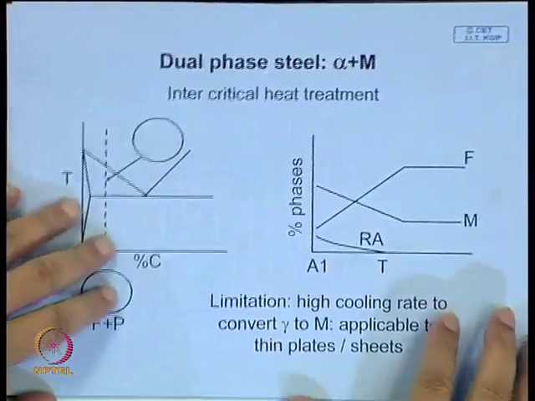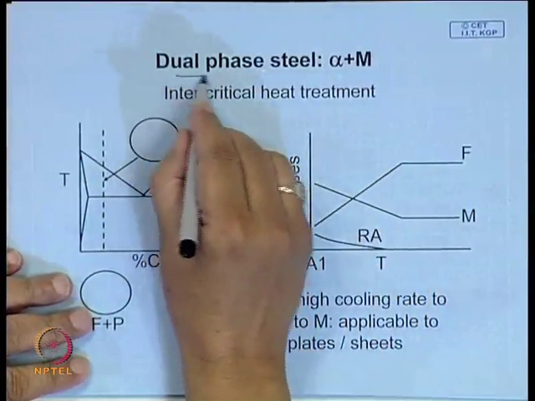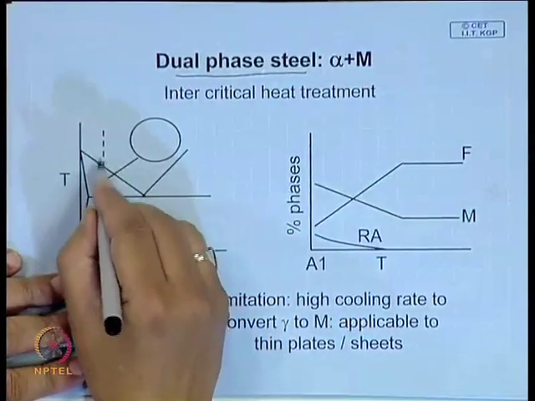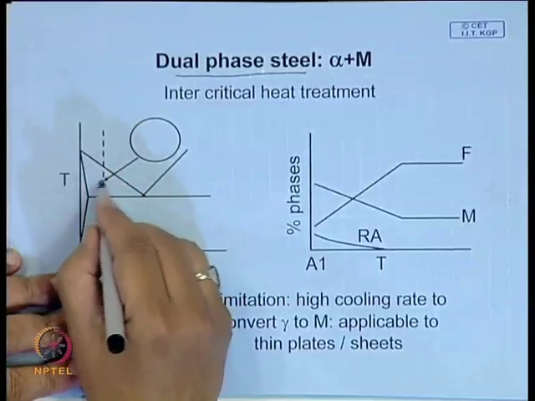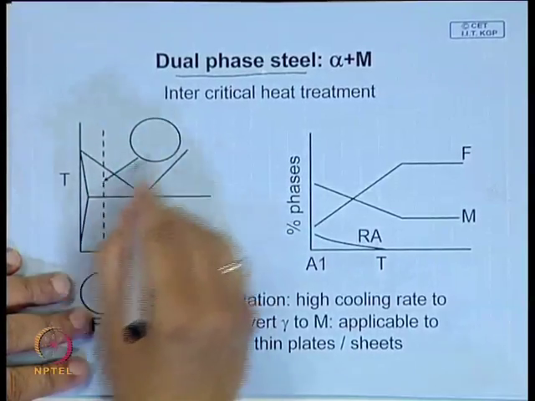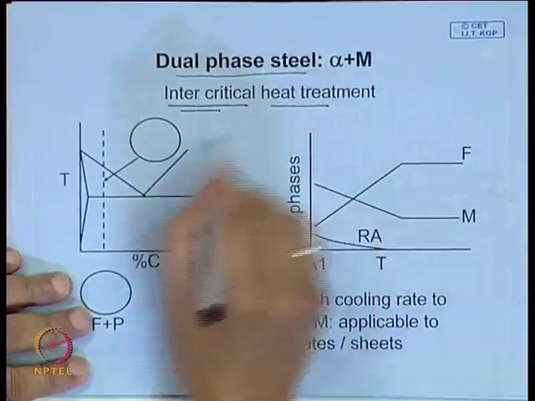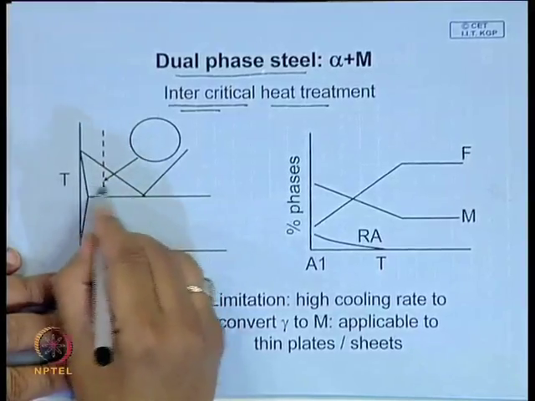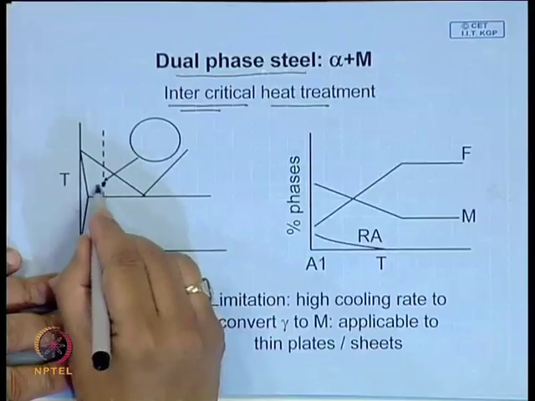Another important class of steel, where you get a good combination of strength and ductility, is dual phase steel. Normally in these steels, we give an intercritical heat treatment, cooling from the intercritical region. It is also possible to do it online. Suppose you quench a steel from somewhere here, at this temperature.